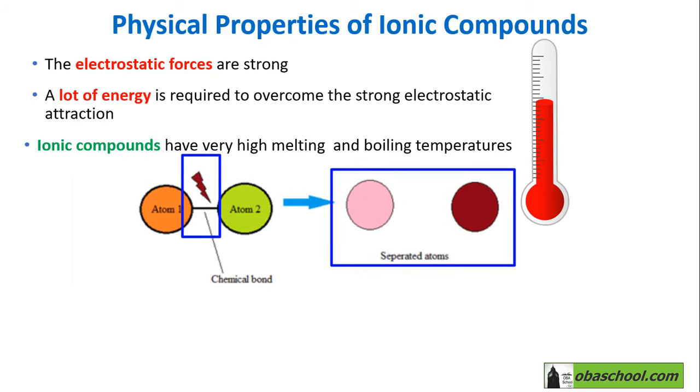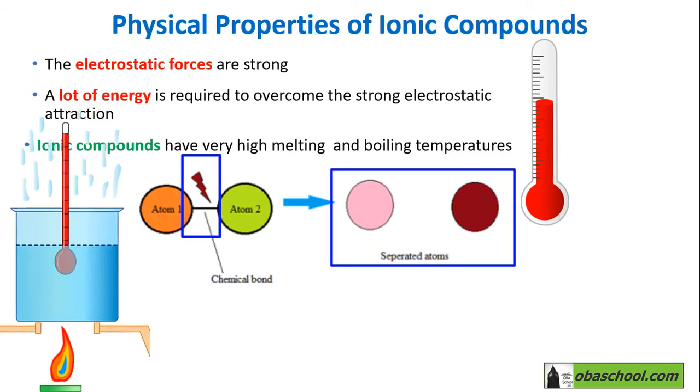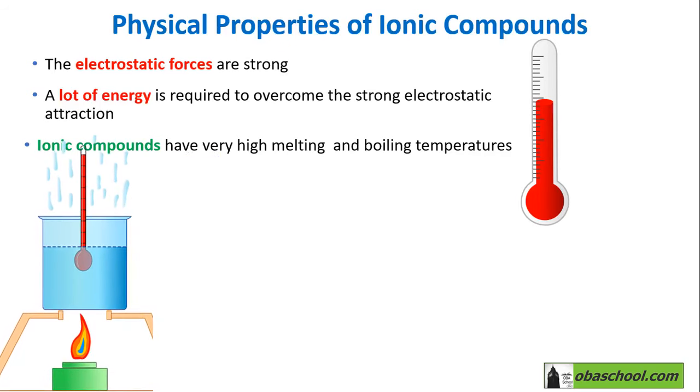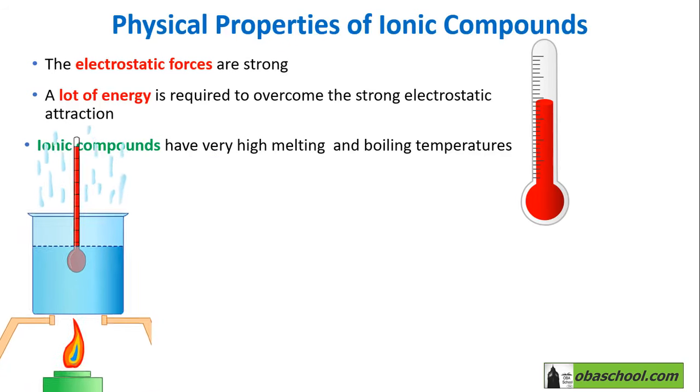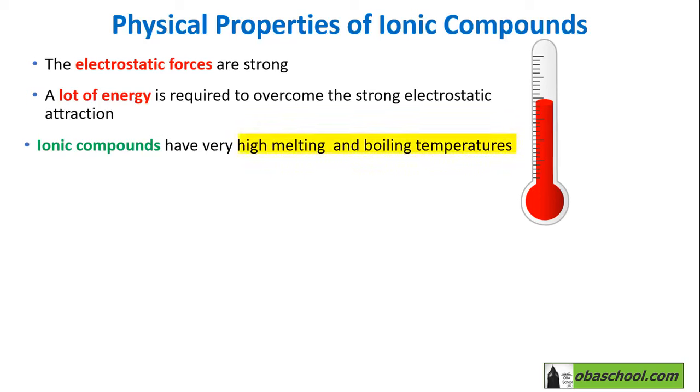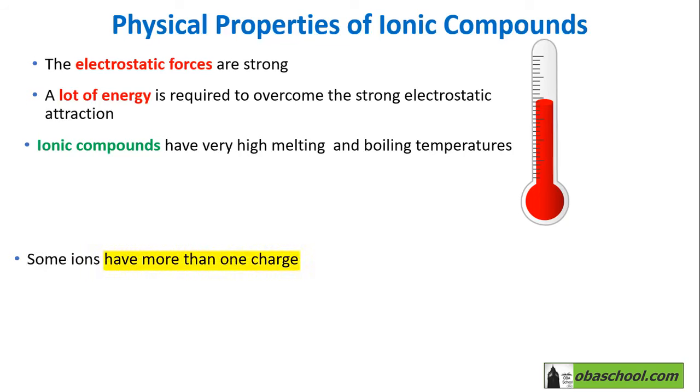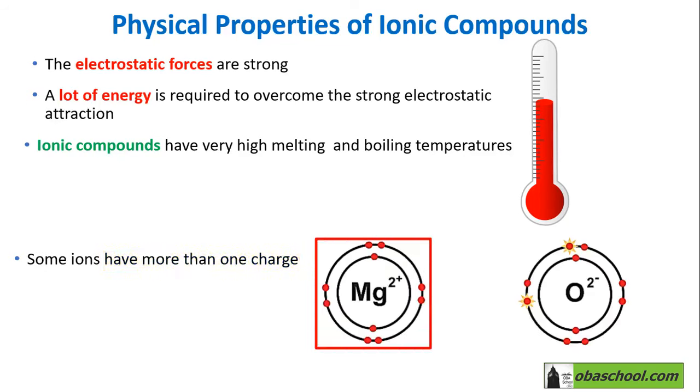This is why ionic compounds must be heated to high temperatures before they change state. They have high boiling points and high melting points. Some ions have more than one charge, such as Mg2+ and O2-.